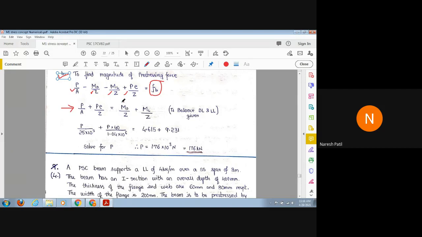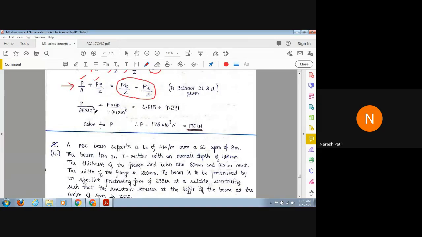Why do you have to equate? Because we have to balance the dead load and live load. For that we have to find out what the pre-stressing force is. So P should be equated to the load, nothing but the moment. Here P by A plus P by Z equals MD by Z plus ML by Z, and after solving we get P, the pre-stressing force required to balance.